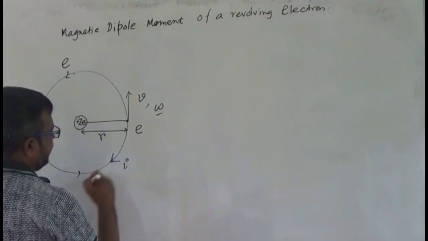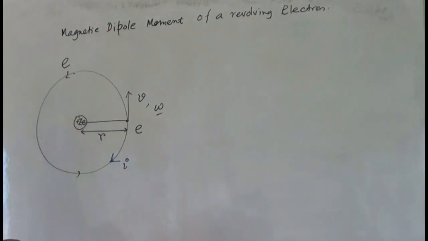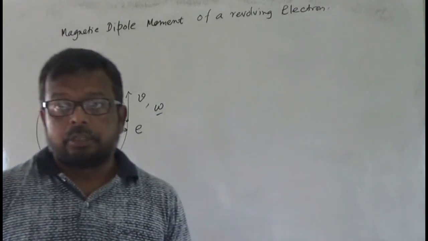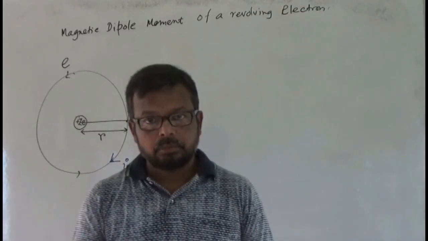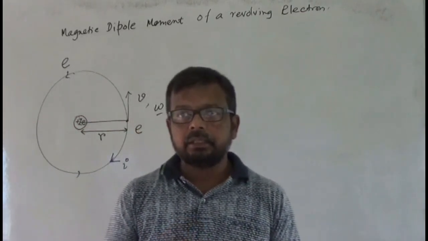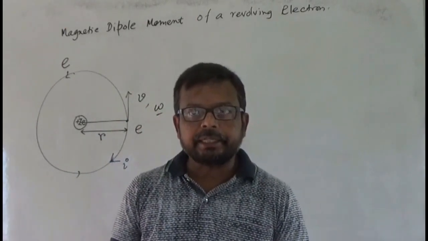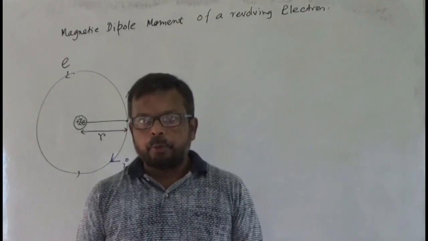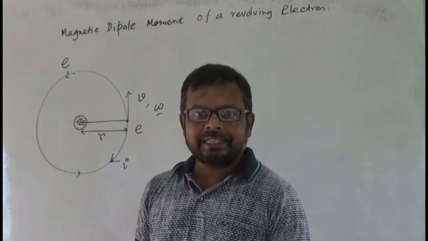This is the current direction and this is the direction of the electron. Electron moving in anticlockwise direction, we have assumed. Then it is equivalent to flow of current in the orbit in clockwise direction. Thus, the orbit of the electron is considered as a tiny current loop.